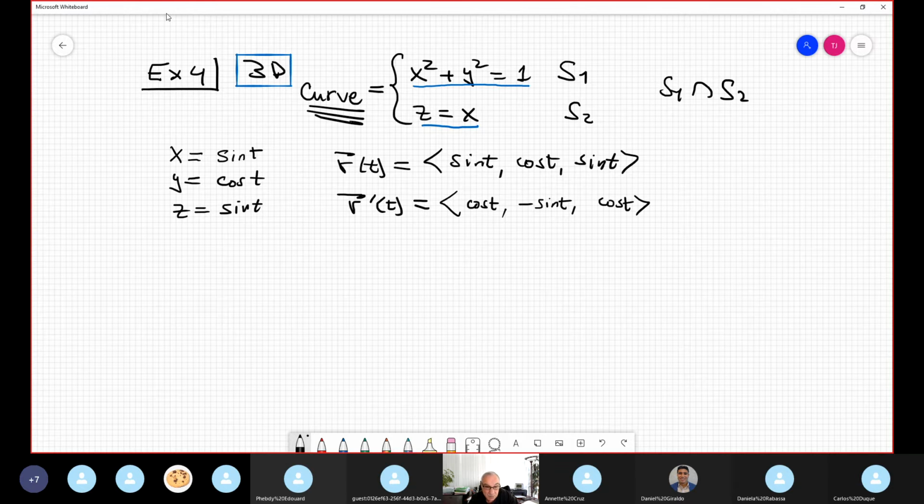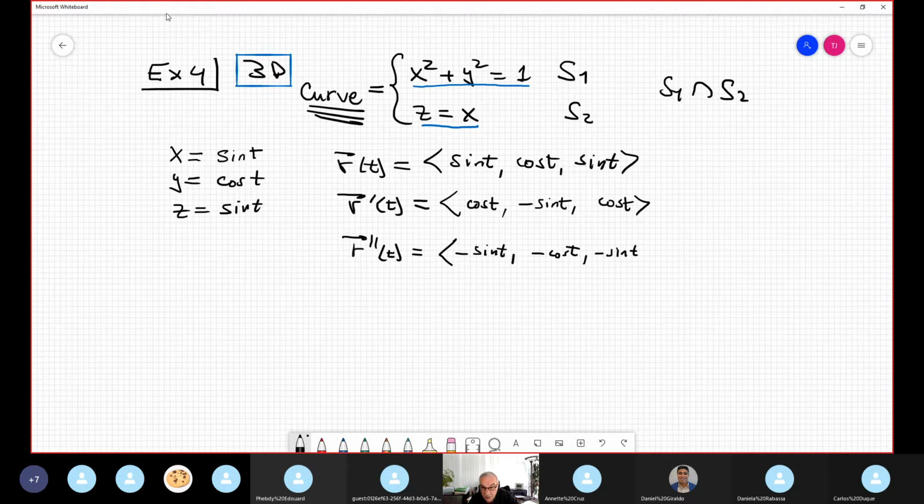This is the first derivative. And the second derivative is the acceleration: minus sine, minus cosine, and minus sine.